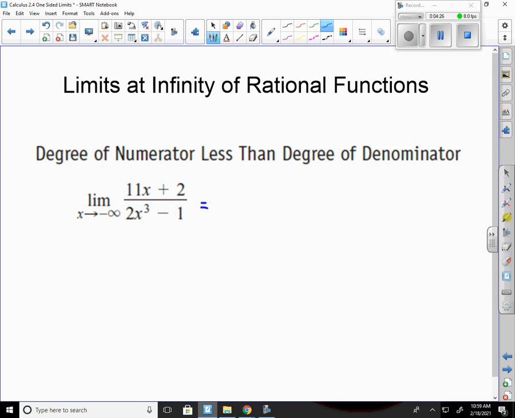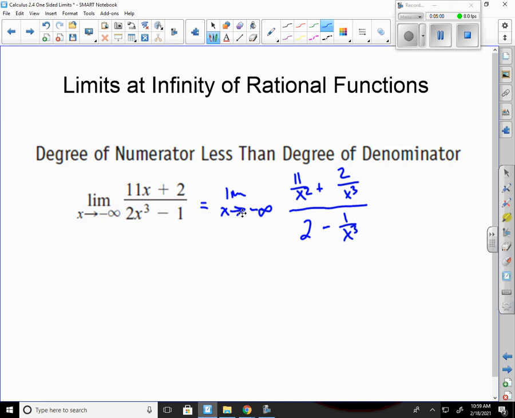So this would be the limit as x approaches negative infinity. And then 11x over x to the third is just going to give me 11 over x squared. 2 over x to the third is just that. Over 2x to the third over x to the third is just 2. And then minus 1 over x to the third.